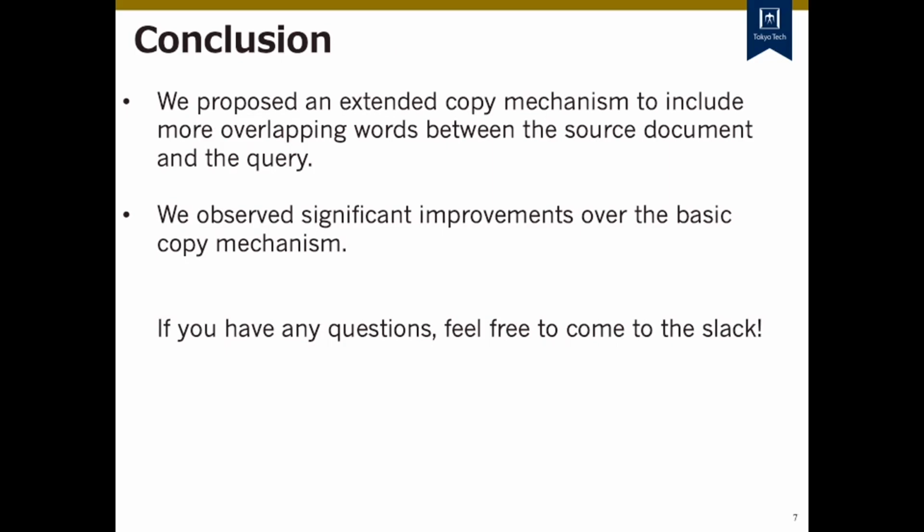In conclusion, in this paper, we proposed an extended copy mechanism to include more overlapping words between the source document and the query. We observed significant improvements over the basic copy mechanism.